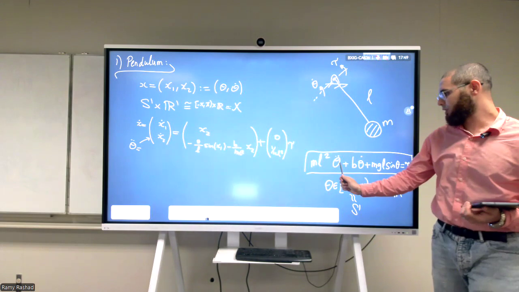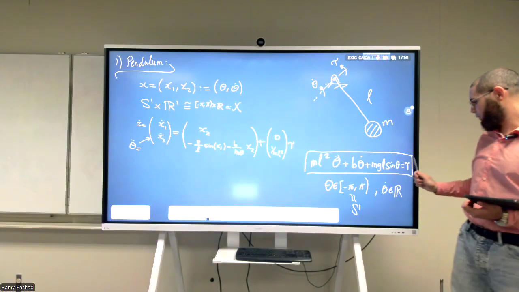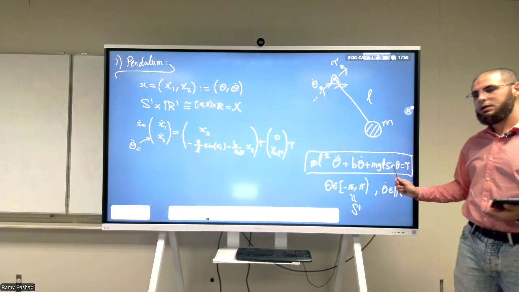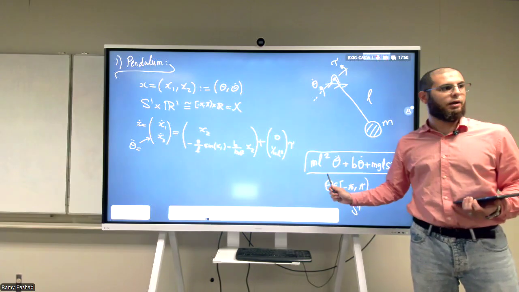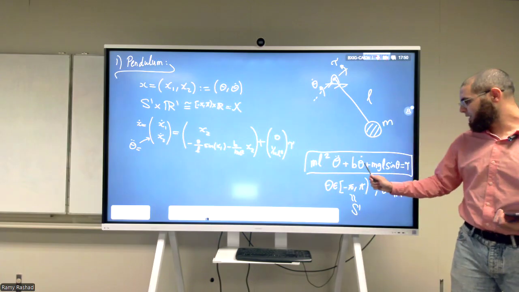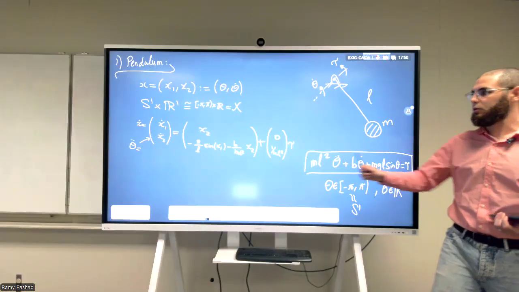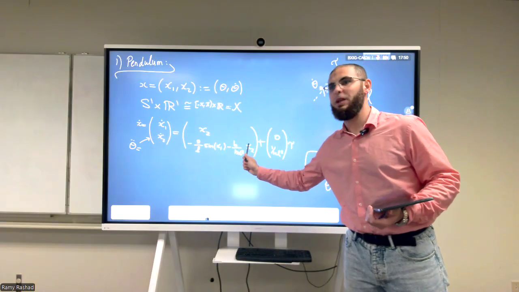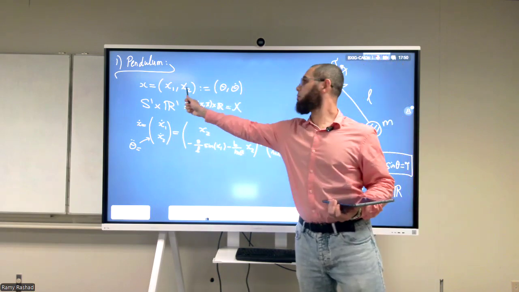So ml squared theta double dot is equal to tau minus b theta dot minus mgl sine theta. And then we divide both sides by ml squared. So the minus b theta dot becomes minus b over ml squared multiplied by theta dot, but theta dot is x2, right?